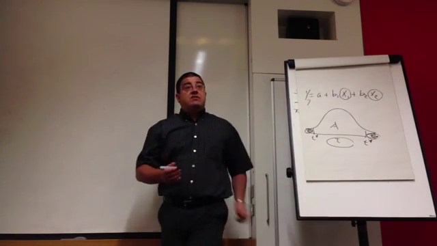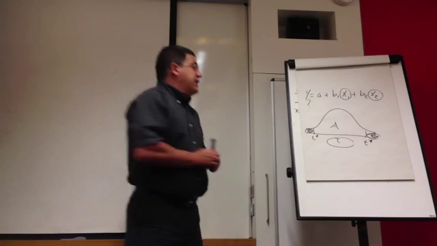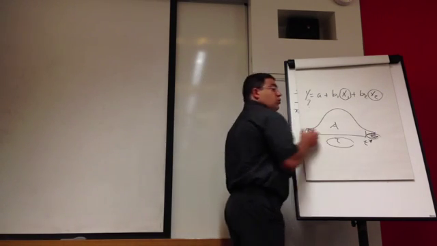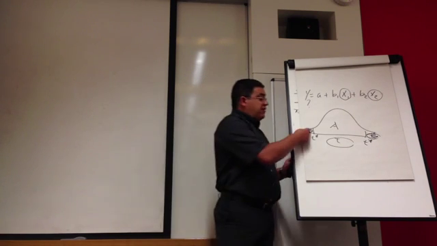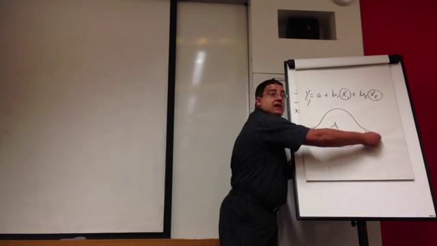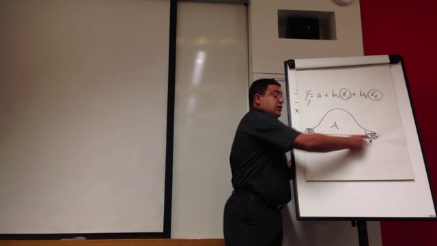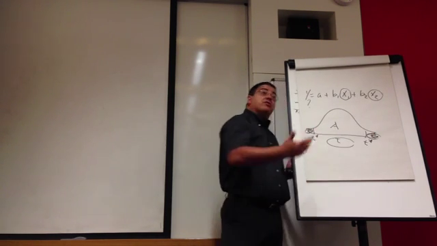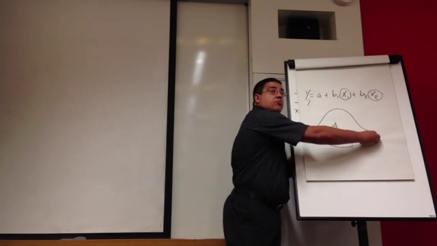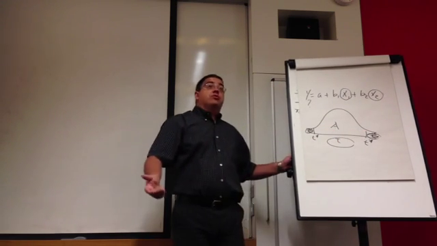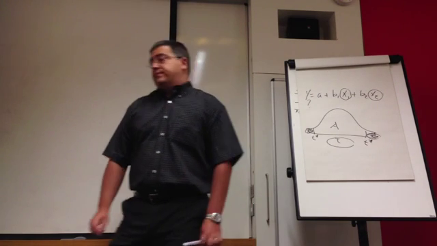If it is 5%, it means that 5% of the distribution will be here, and we will reject the null hypothesis if our value falls anywhere in here. But in here the null hypothesis is still true. So we are rejecting the null hypothesis even though it is true, not because it is false.